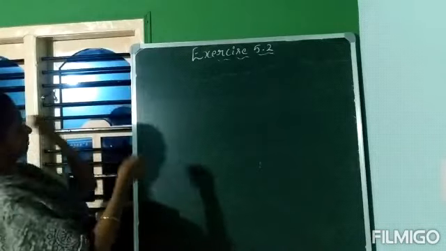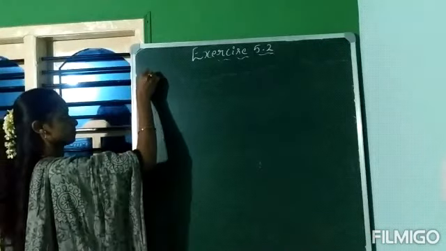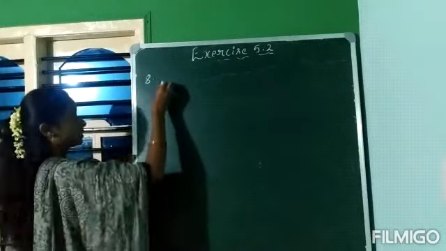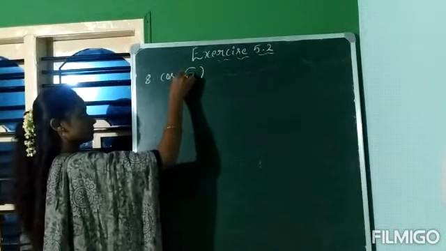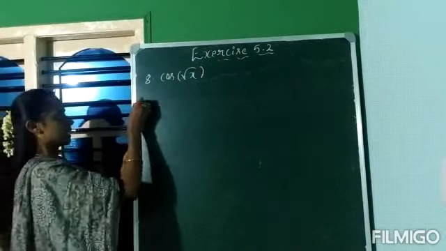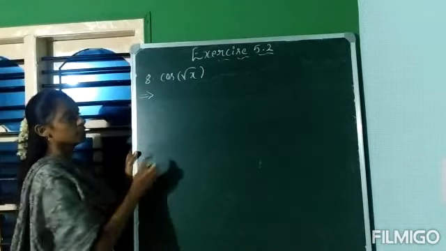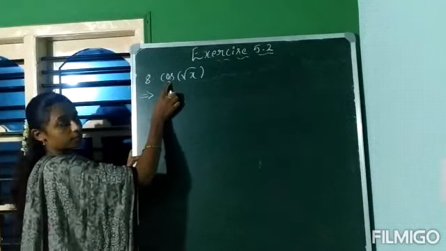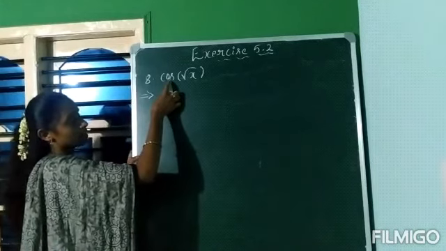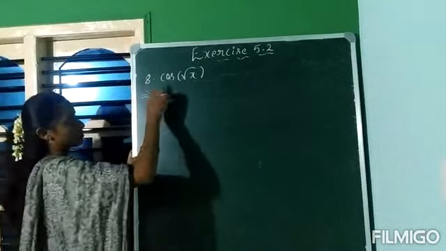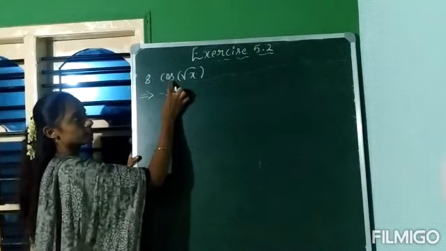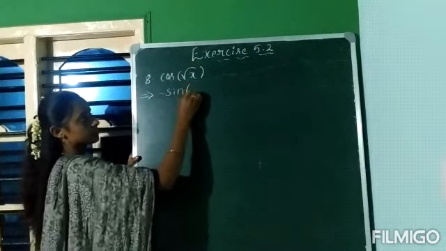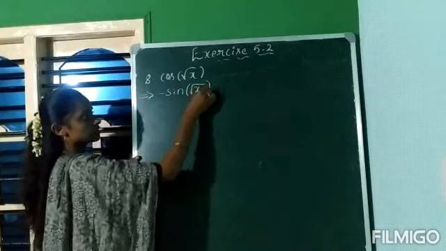Okay, so I'll just move on to the next and a simple one, the eighth one, which is cos of root x. The last and a simple one, it is cos derivative, which is an alternate method. I'm not going to apply the chain rule. Cos derivative is minus sine. For this function the inner function is root x.